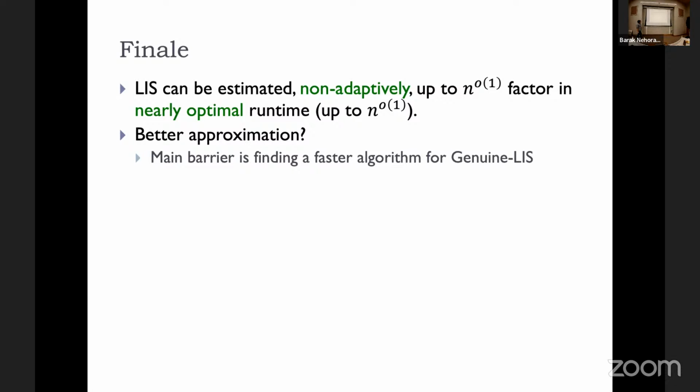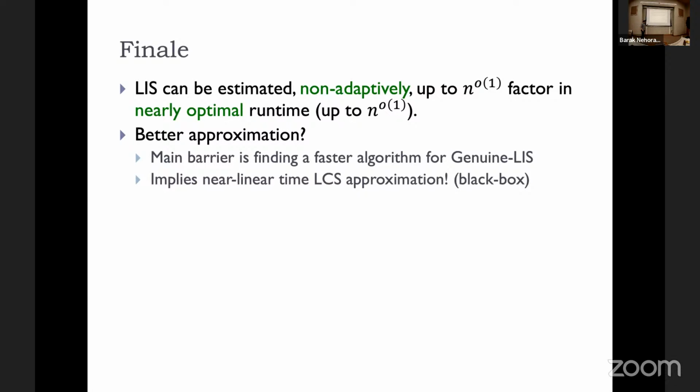We believe that the main barrier is probably getting a faster algorithm for this Genuine-LIS model. This trade-off between dense and sparse gives more interesting algorithms than that. Again, one of them is just recursive on some linear LIS, and the other one is pretty straightforward, with a bunch of tests for genuineness.